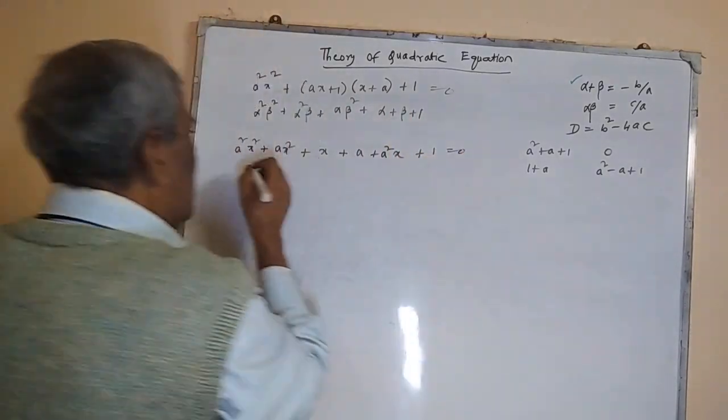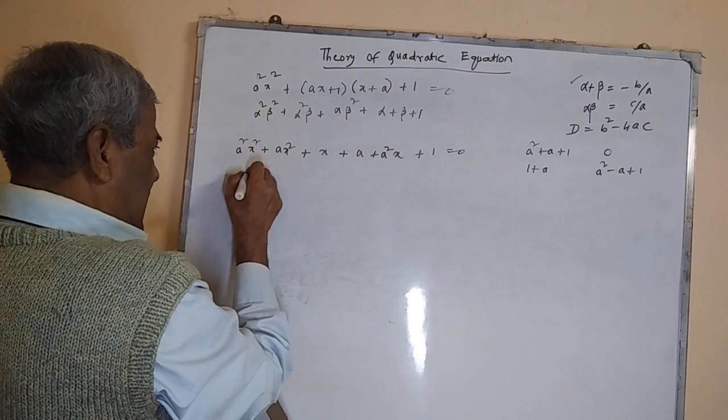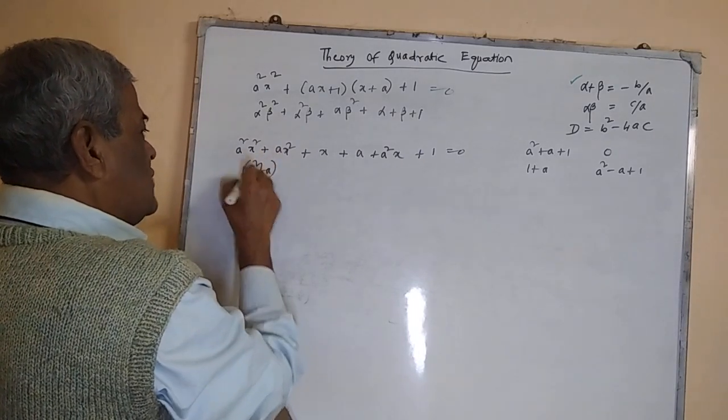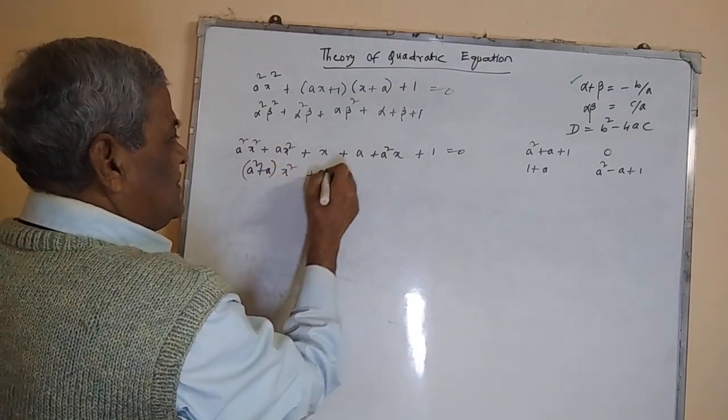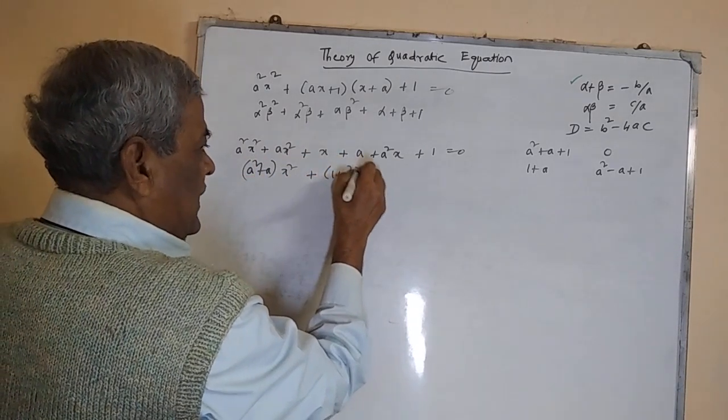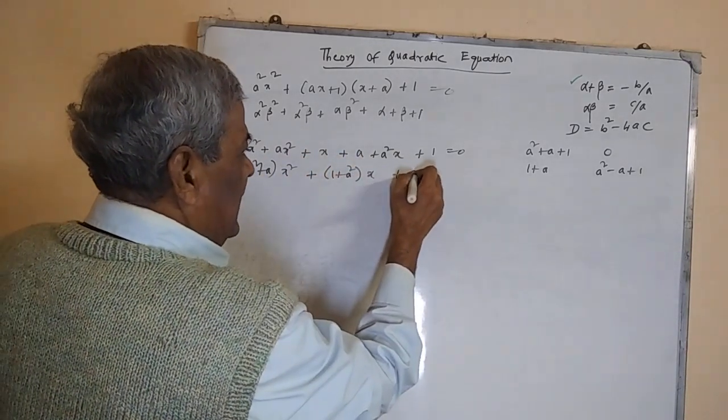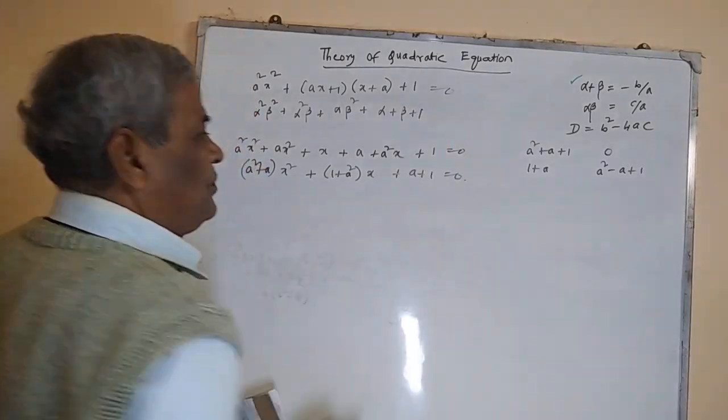This is the equation. So it is (a square plus a) into x square plus (1 plus a square) into x plus a plus 1 is equal to 0.